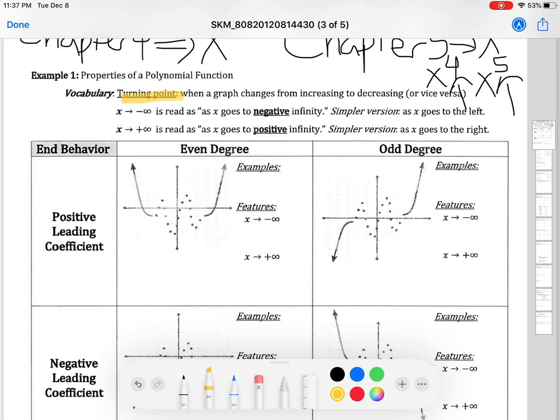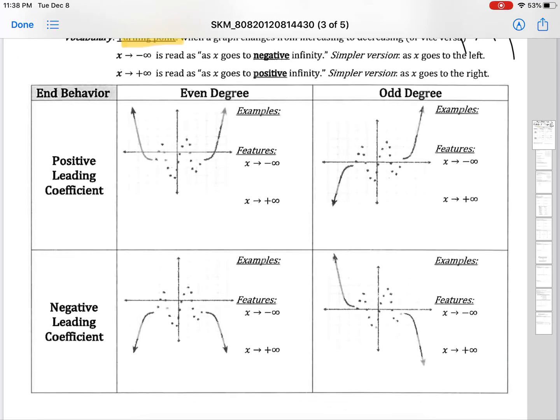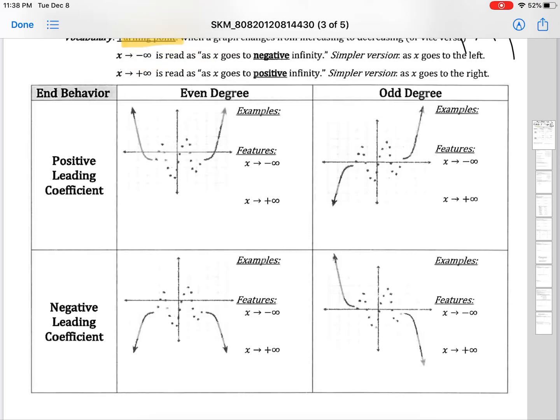All right. Now, one of the key things with any polynomial function, anything that's higher than just an x squared, is this idea about end behaviors. Okay? End behavior is the idea that depending on the features, what happens on the far left and the far right is really going to just depend on some of the features, right?